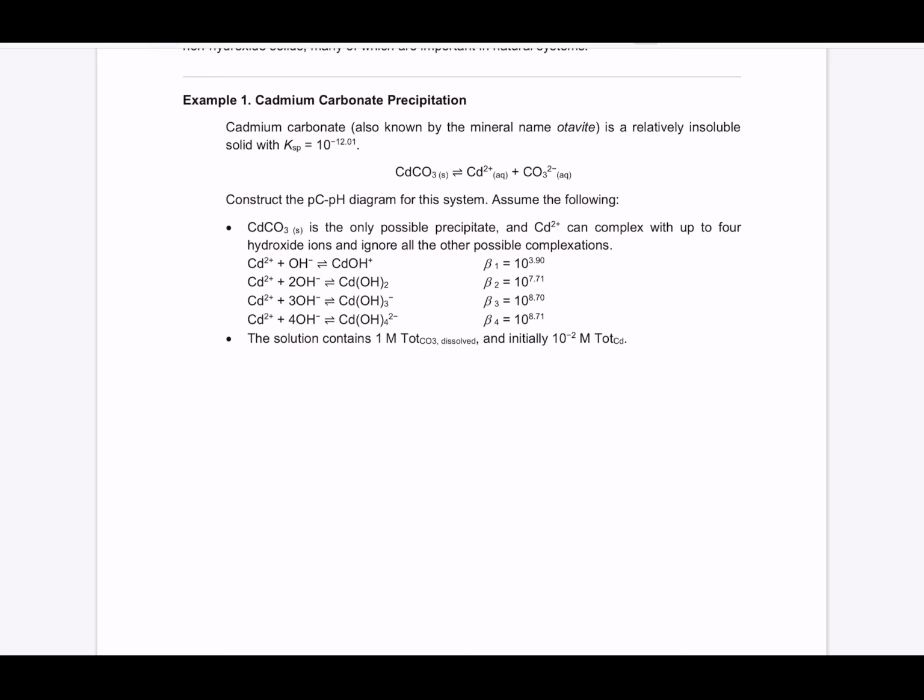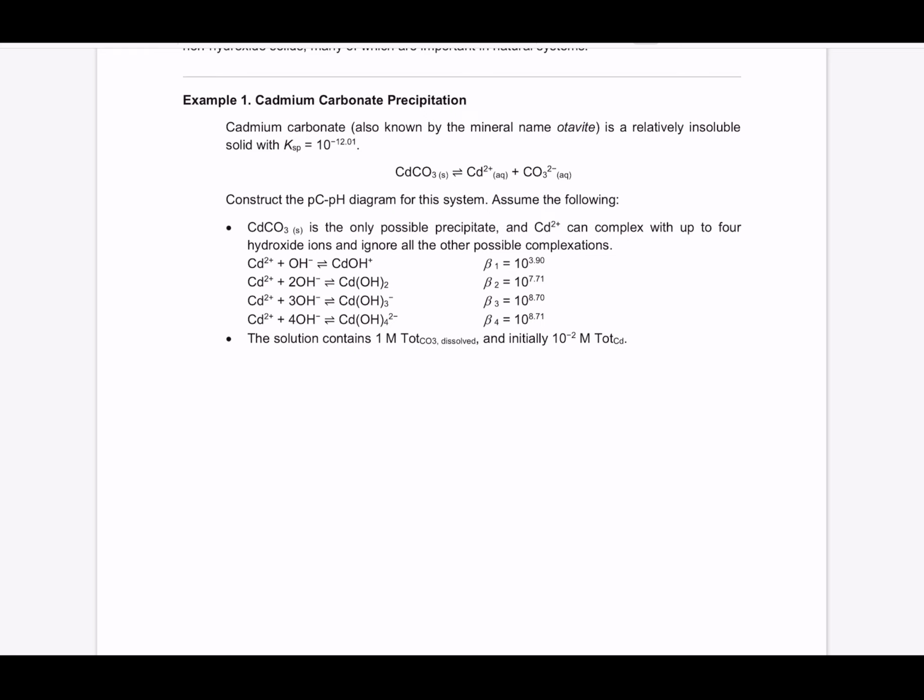First assumption is that cadmium carbonate is the only possible precipitate. So cadmium hydroxide we are not including. Maybe thermodynamically it is not feasible, maybe kinetically it is not feasible, or maybe we just want to go for a simpler example. The reason is just that we are focusing specifically on one possible precipitate.